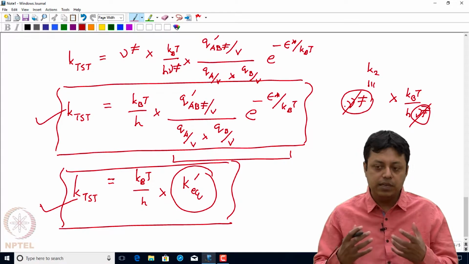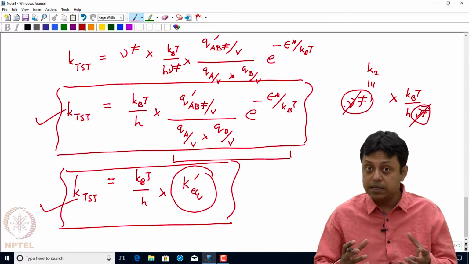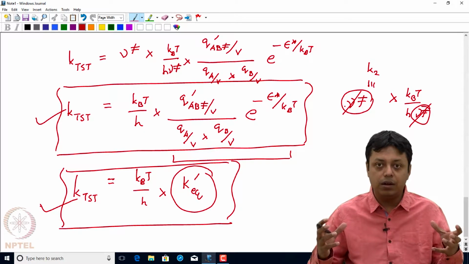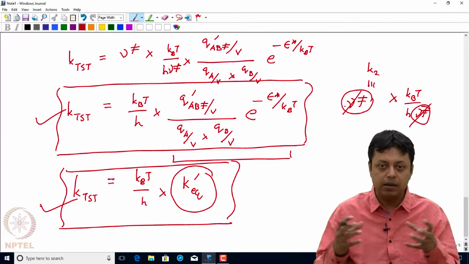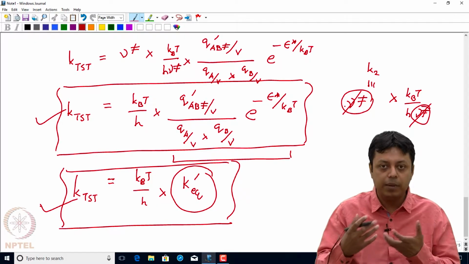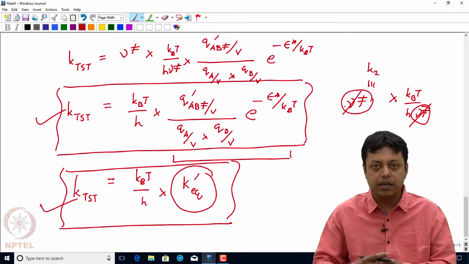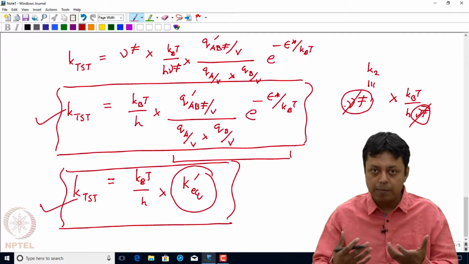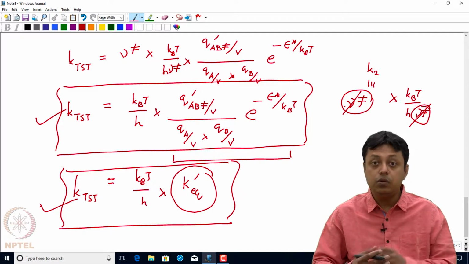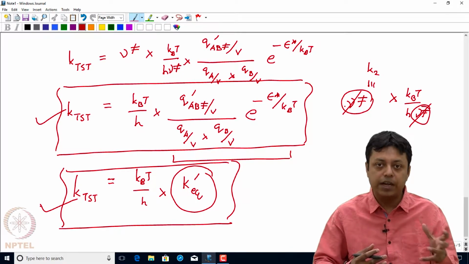Secondly, as you see here, there is no dynamics, because we did not consider any dynamics here, that the molecules are colliding and forming some activated complex and then it is reacting. It is very different from the approach that we used for bimolecular reactions.